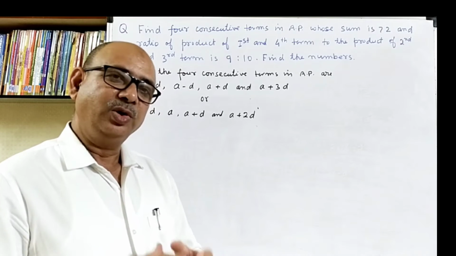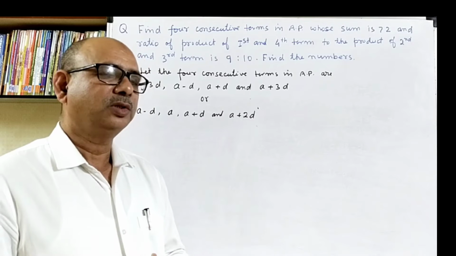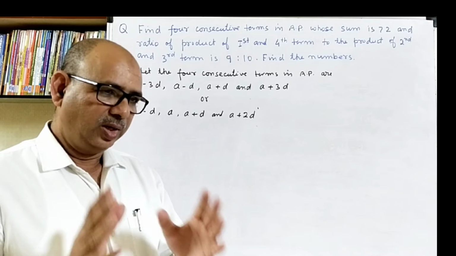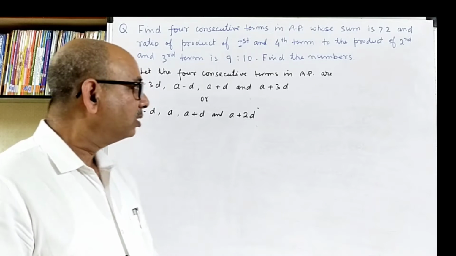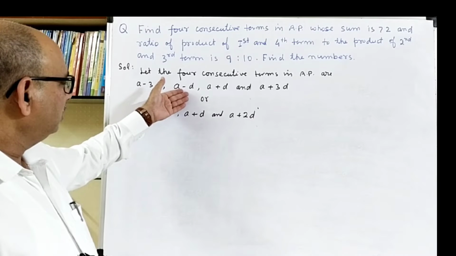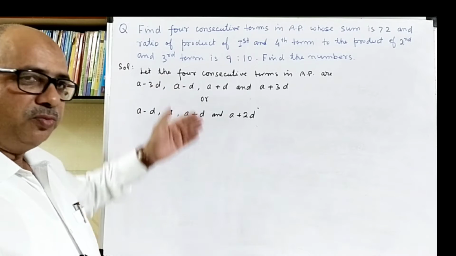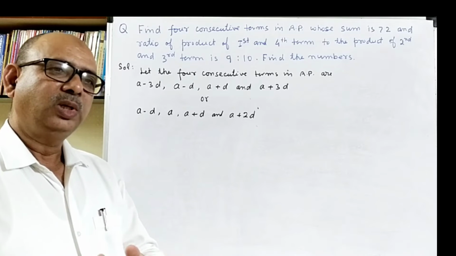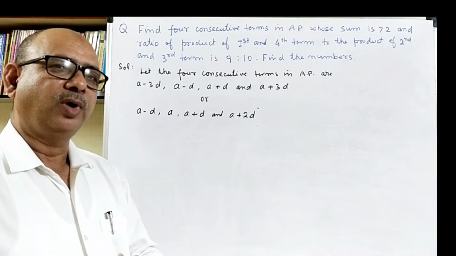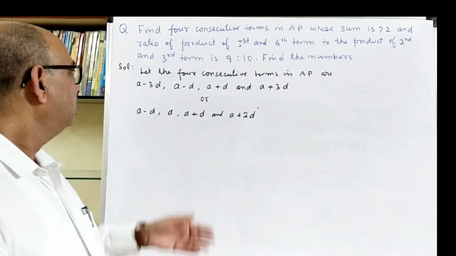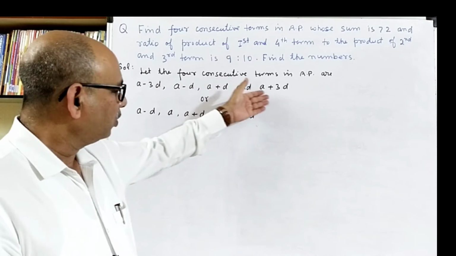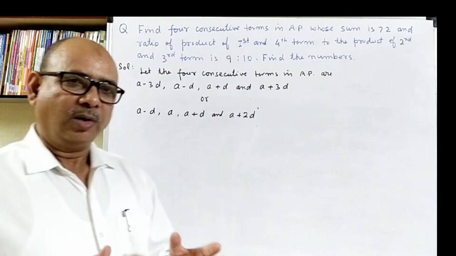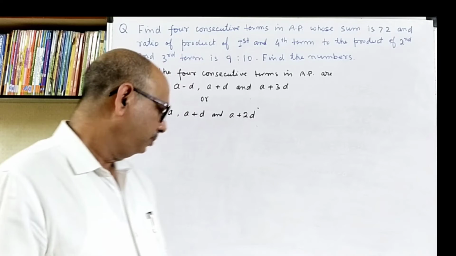That means we need to solve these 2 equations to find out the value of a and d. But in this one, on adding we get the value of a directly, and that value we can substitute in second equation to find out the value of d. That means this set of the 4 assumed numbers give a much simpler solutions.